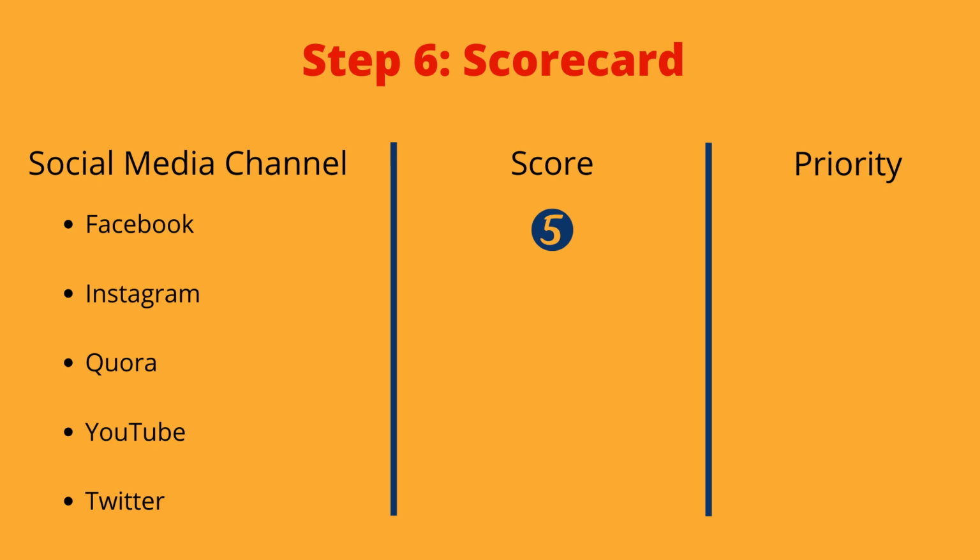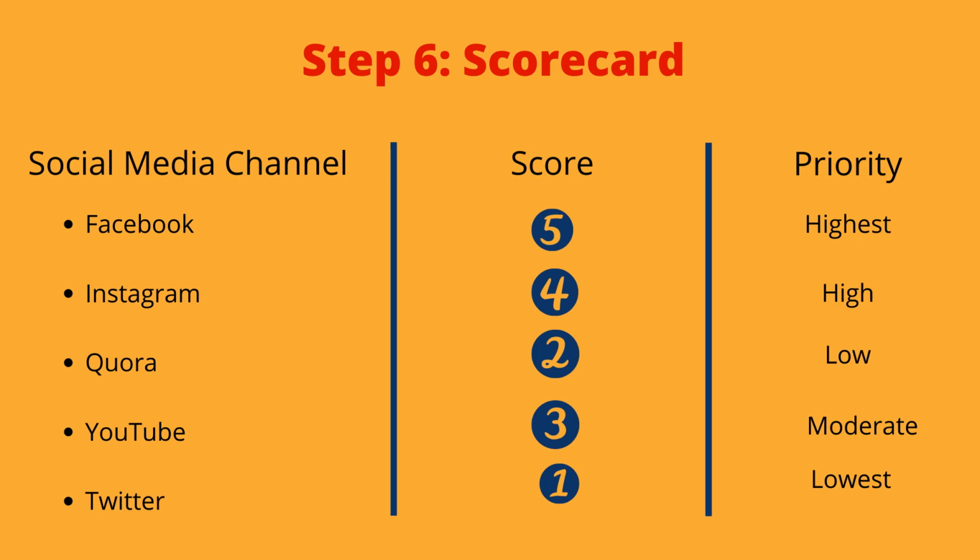If you have a look at the scorecard, you will see that Facebook has the highest score of 5, followed by Instagram, 4, and then YouTube. According to these scores, I will prioritize the social media channel to start with. As Facebook has the highest score, I will give it the highest priority, and Instagram a little less priority.